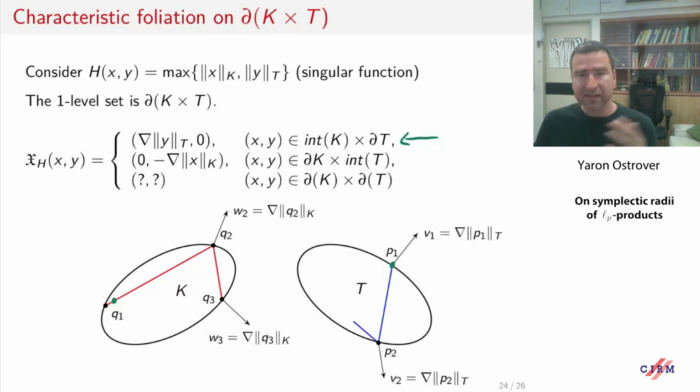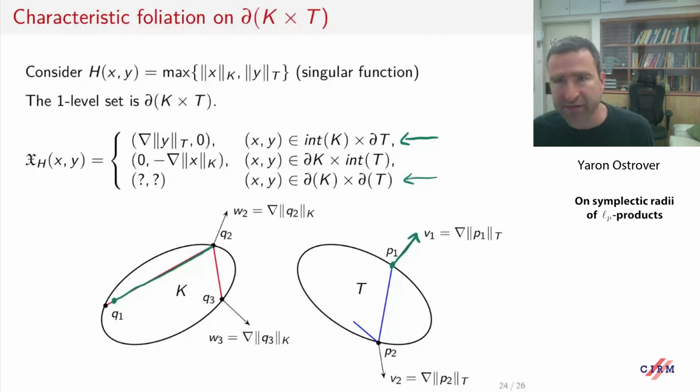Then the Reeb dynamics, so the direction that we need to move, is determined by the outer normal at this point. So the dynamics is to move in a straight line till we hit the second point here, denoted by q2. And then, of course, we arrive at the singular strata of the energy surface, the product of the two boundaries. So here, a priori, the dynamics is not well defined.